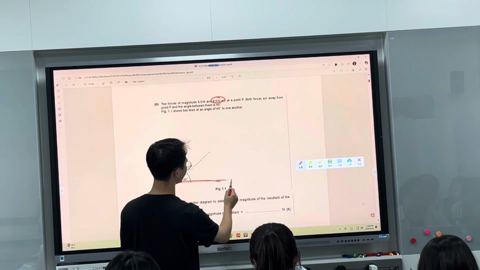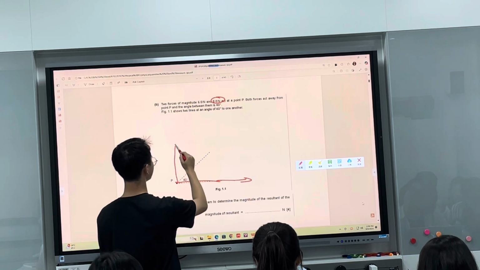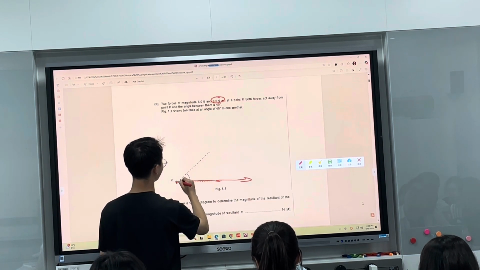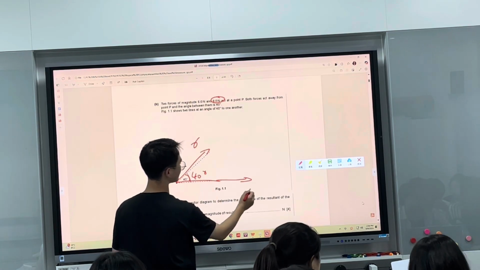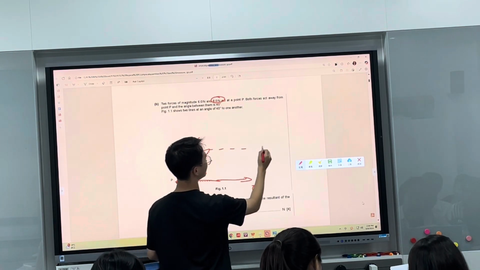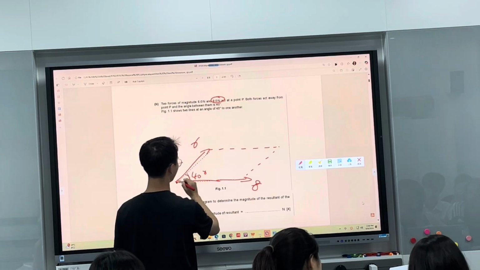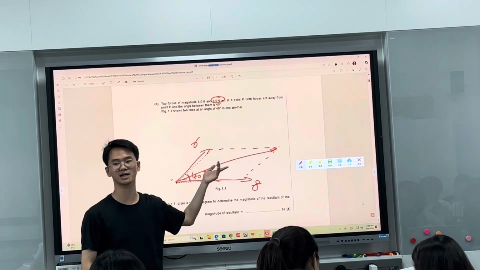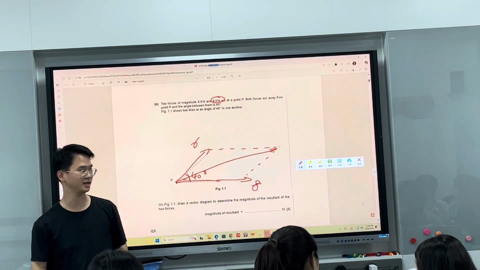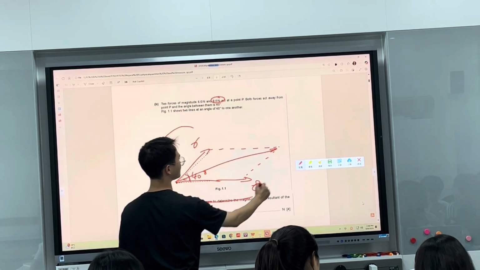No. So you can pick 8 here and 6 not here, but along this direction, because it's already giving you this angle. So 6, 8, and then use the parallelogram, we draw the diagonal, then you can calculate how large it is, right? So a lot of you missed this diagram.